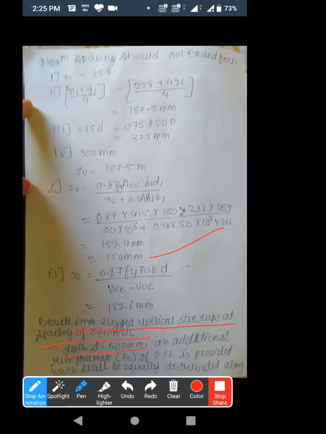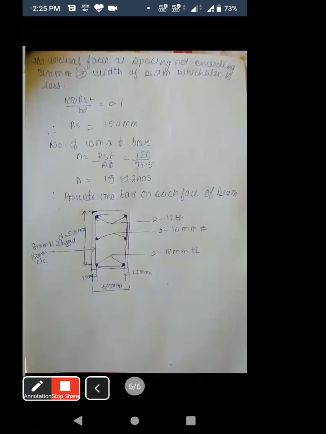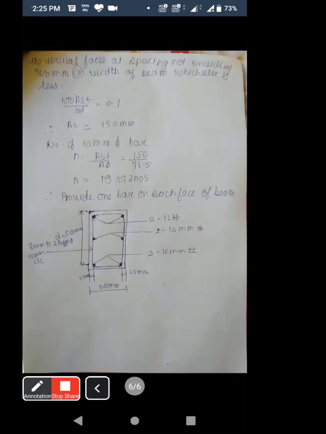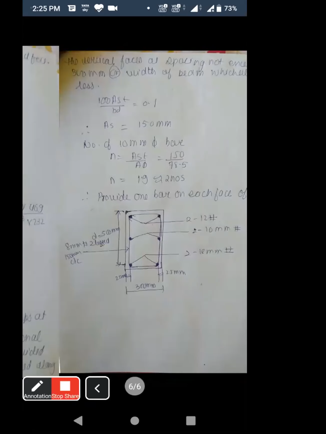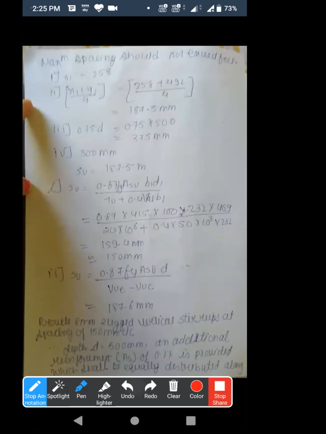Since the depth D is 500 mm, an additional reinforcement ASt of 0.1% is provided, which shall be equally distributed along the vertical faces at a spacing not exceeding 300 mm or the width of the beam, whichever is less. See here, your depth is 500 mm.